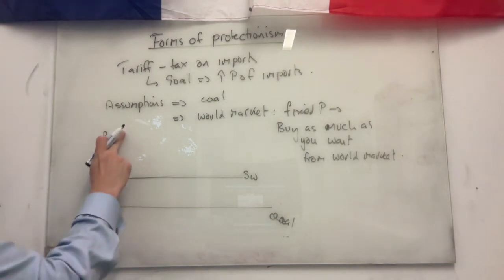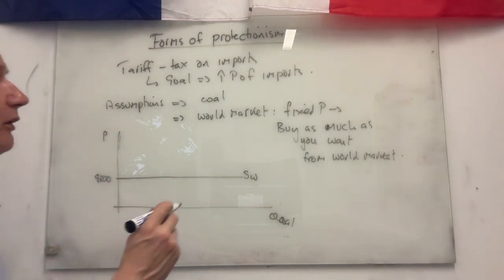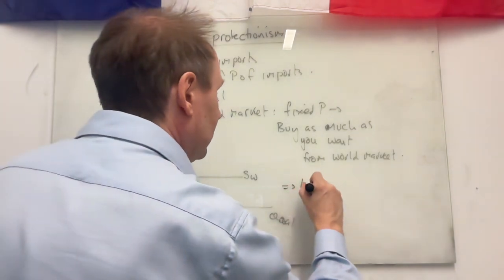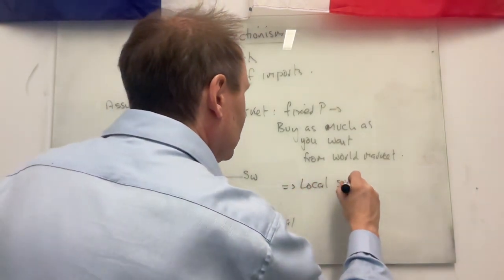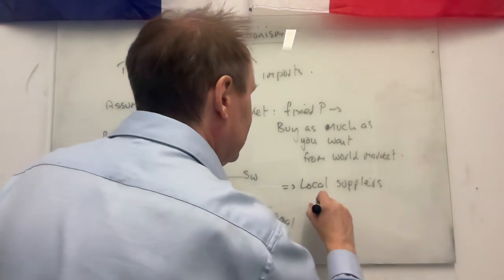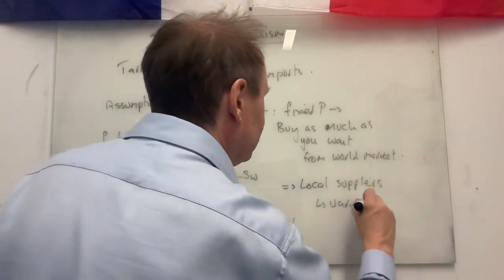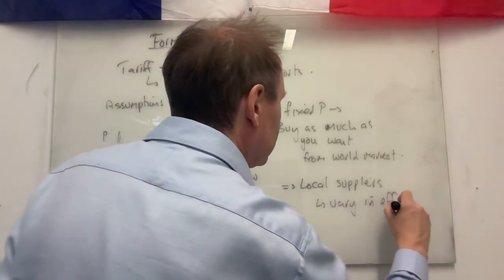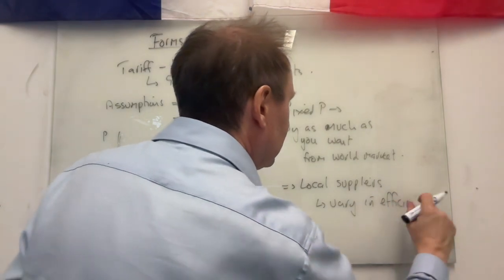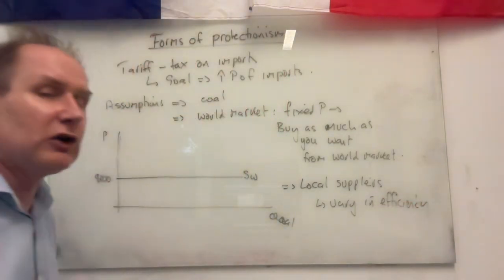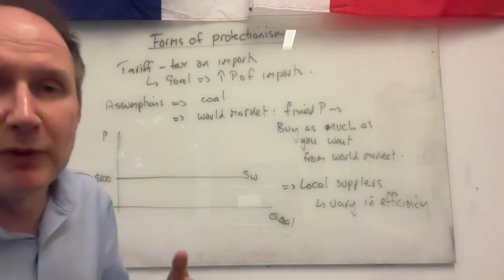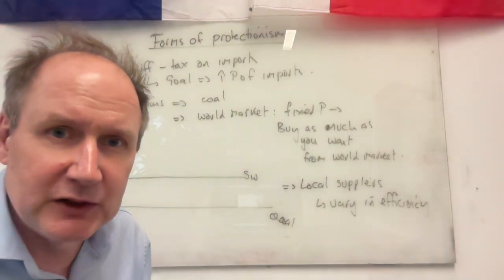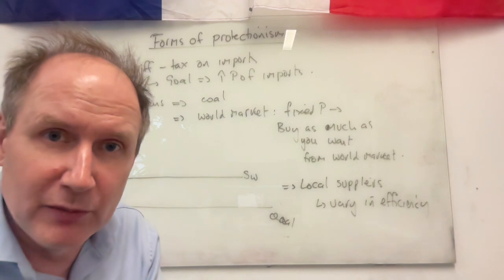But assumption number two is that you also have local suppliers, and what they do is they vary in efficiency. Some are very efficient, and some are very inefficient. So this is coal mines. Let's imagine there are some coal mines where the coal is really close to the surface. That's going to have very low marginal costs.